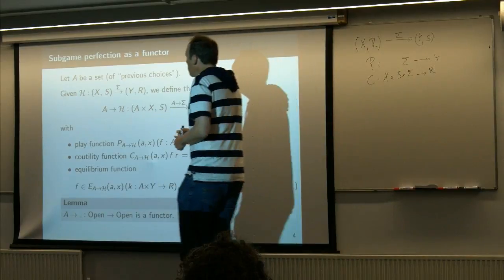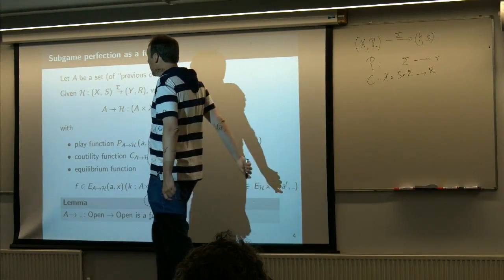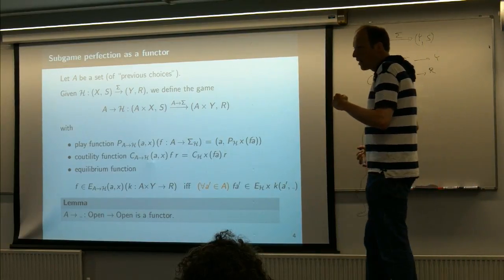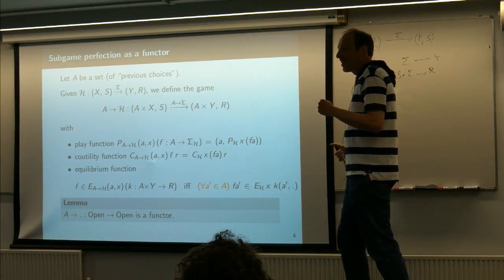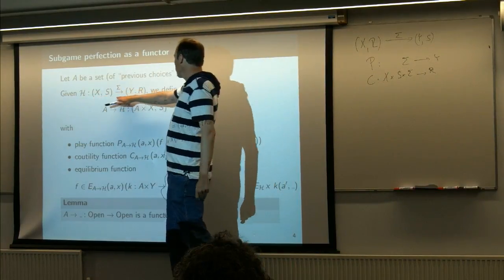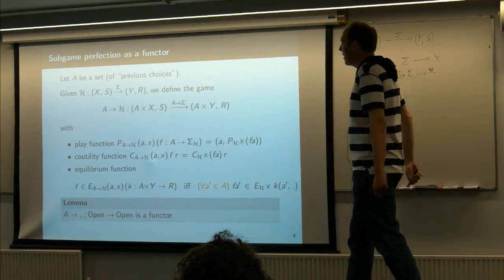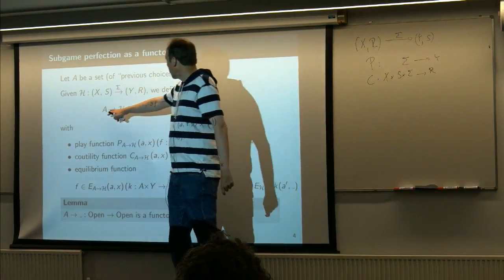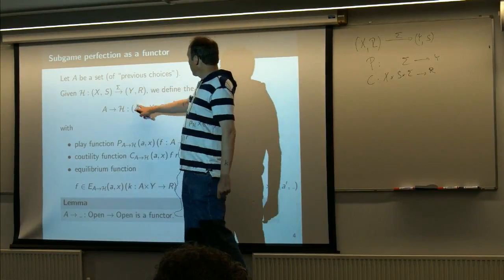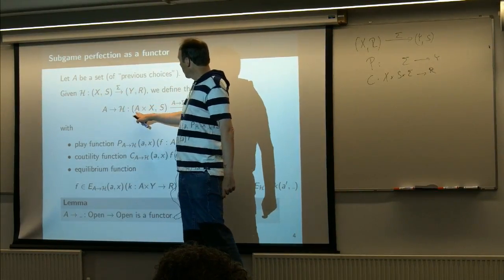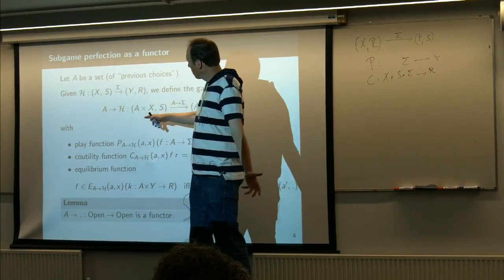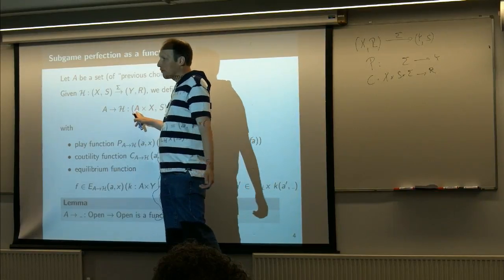So, this dependency here is given by this set A. Later on, it will be just the moves from the first round. I see. Okay, good. So suppose we have an open game, an arbitrary one. We can just define this game, the A arrow game, A arrow H, which says that instead of the states X, I also have information about an element in A, which could be the move produced by the first round, basically.